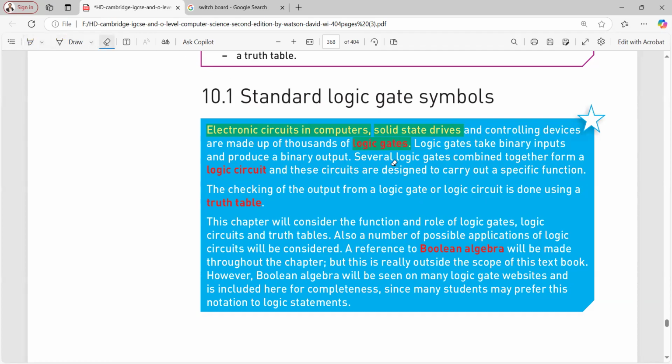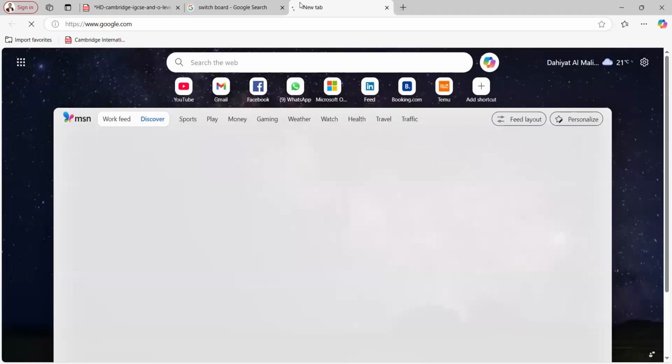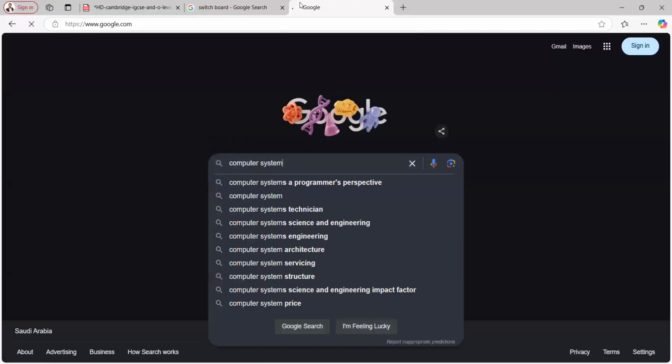Software is not included in this because it is programmed, but all types of hardware, all types of electronic circuits, are created out of logic gates.